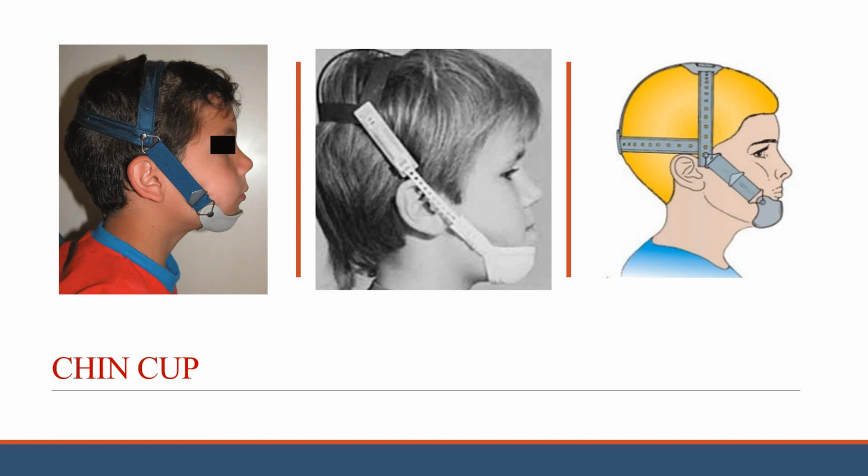And during treatment of class 2 or class 3 malocclusions, sagittal malocclusions, we have to consider everything: medical health, certain medical conditions, dental health, even the condition of oral hygiene, absence of active dental disease.